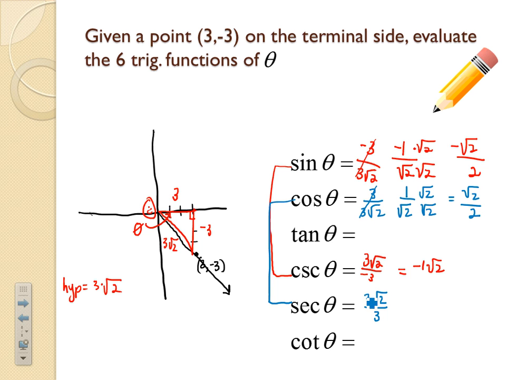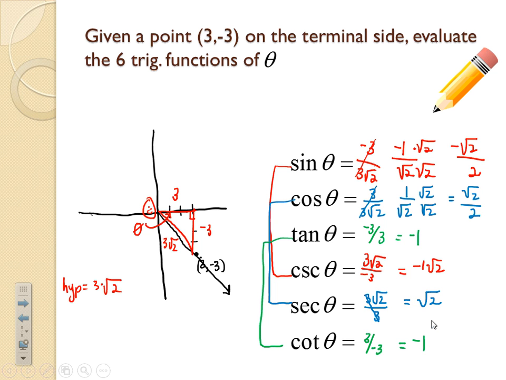I can simplify the 3 and the 3 here on my secant, and that would be the square root of 2. And now all I have is my tangent. My tangent is O over A, which is -3 over 3, which simplifies to -1. And my cotangent is the inverse of that, which would be 3 over -3, which also turns out to be -1.